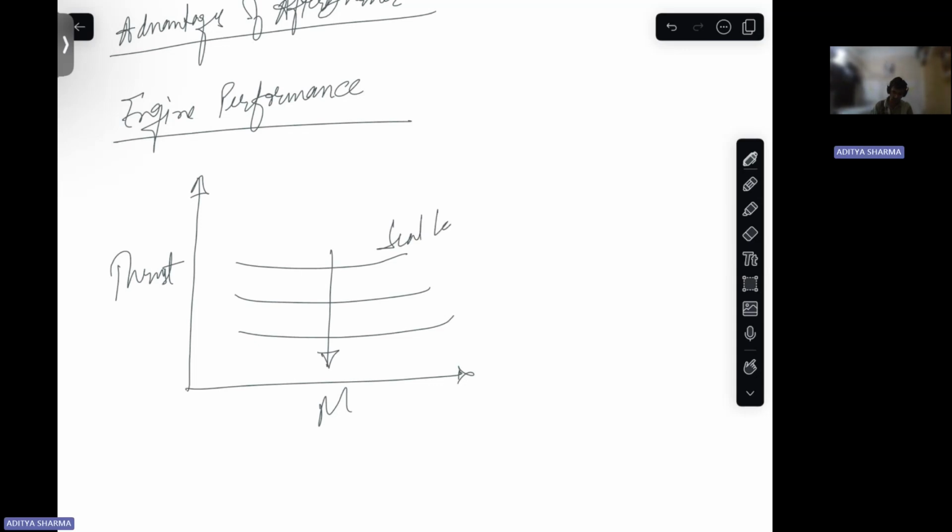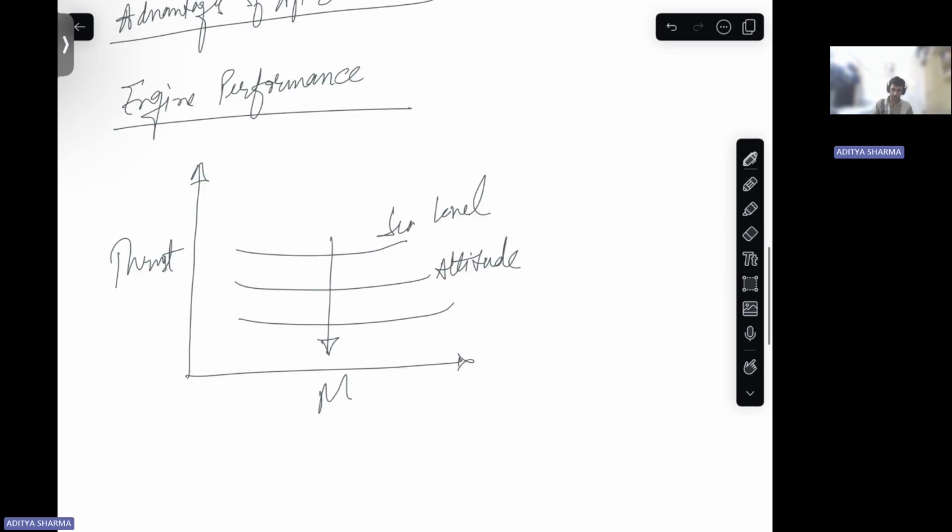This is sea level and your altitude is increasing downwards. So for the same Mach number, with increase in altitude, your thrust tends to decrease. Okay. So one takeaway from this topic is this. Then we will move on to questions.